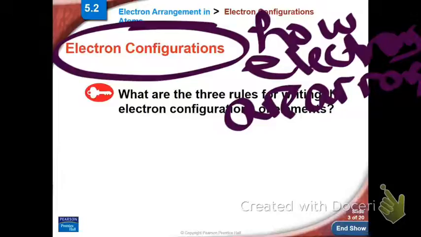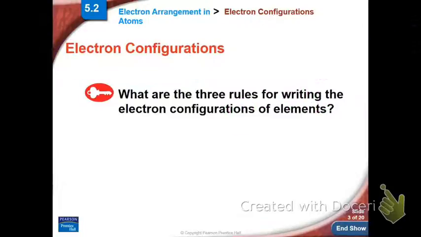So you can have two elements that have the exact same electron configuration. As a matter of fact, we're going to learn that sometimes atoms will gain or lose electrons just so they can behave like others. But that's for next chapter.